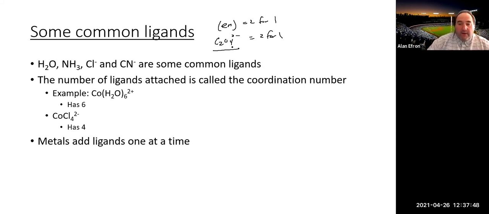Now, especially important for what we're going to be talking about here, which is Kf calculations and calculations involving ligands, is that ligands do come on or attach one at a time. This is similar to how we talk about polyprotic acids, which lose their hydrogens one at a time.